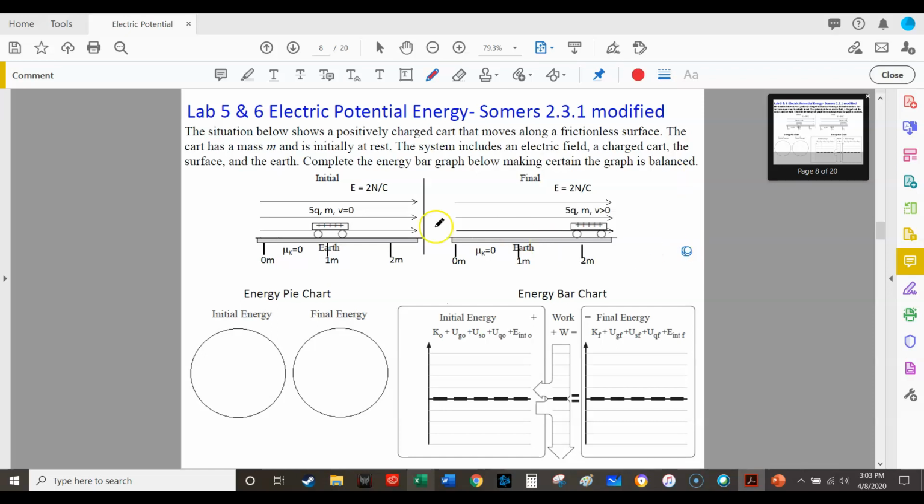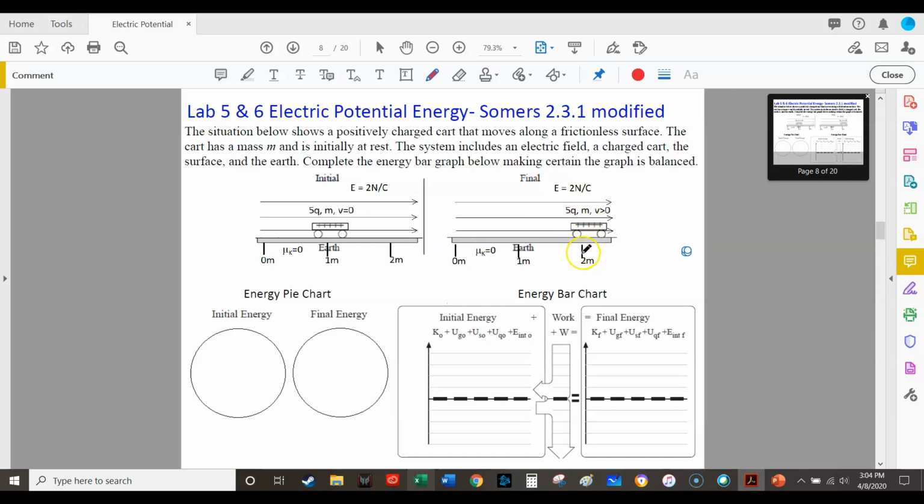All right. So here we have a 5Q cart, same thing on a frictionless surface. It starts out at the 1 meter mark with no initial velocity. And in the end, it's got a final velocity here.